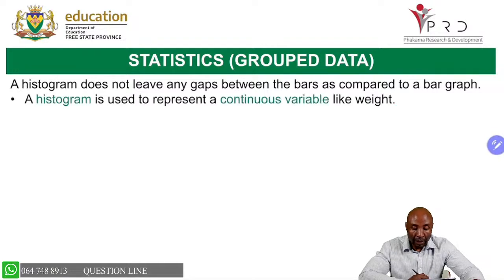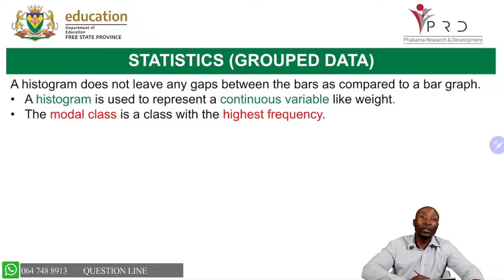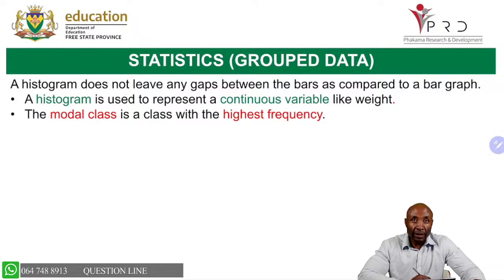the difference between a histogram and a bar graph. So we know that a histogram is used to represent continuous data, and a bar graph is used to represent discontinuous data.